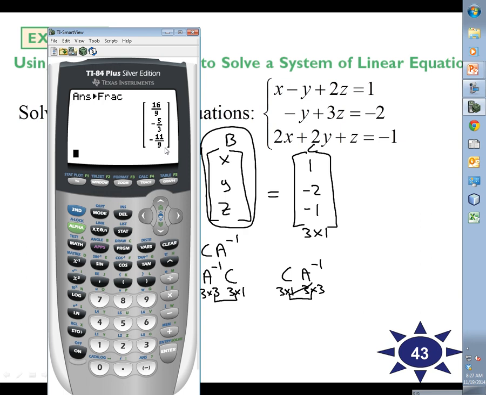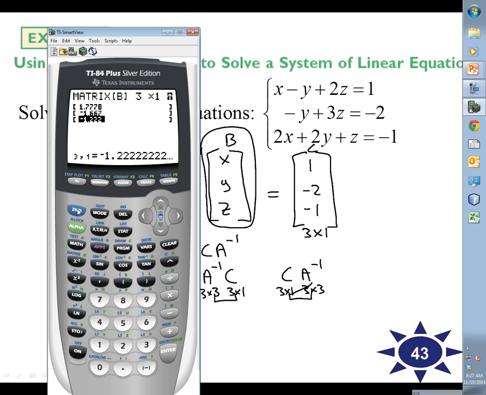And so we could go back in and check this. Let me write these answers down: 16/9, -5/3, and -11/9. Let's go back and check them real quick. Back to the matrix we go. Let's edit matrix B. This will also be a 3 by 1. This will be 16/9, this is going to be -5/3, and this will be -11/9.